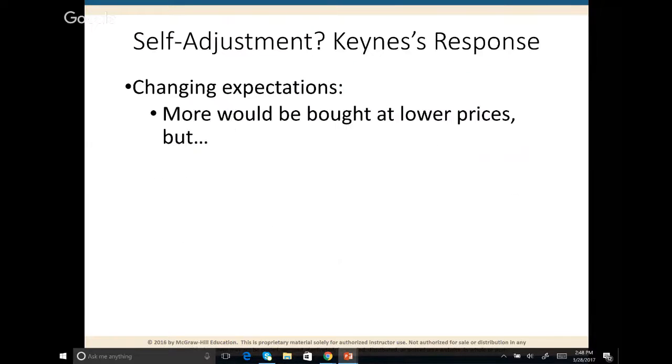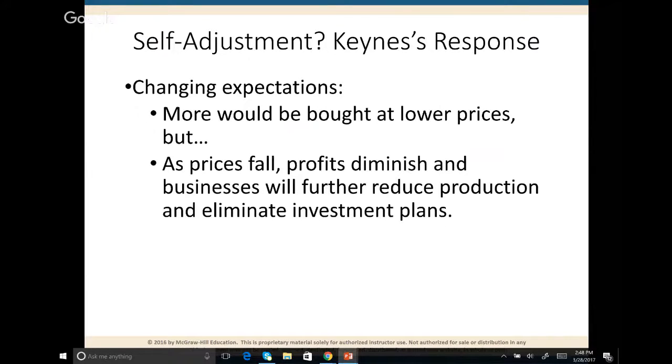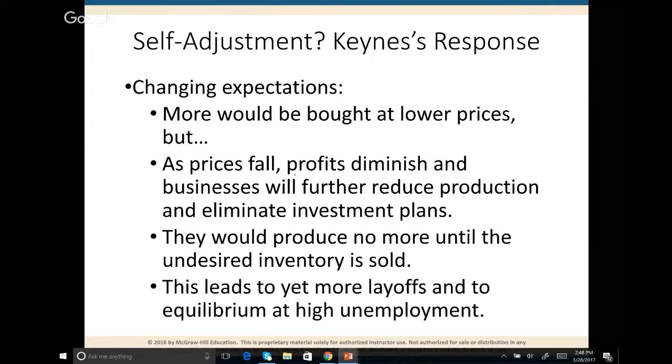According to Keynes, when the inventory is increasing, supposedly more should be bought at lower prices. However, as price goes down, profit is going away. So companies receive less profit. When companies receive less profit, they're going to reduce production, so produce less, and also eliminate their investment plans. So your investment goes down, and then your production goes down.